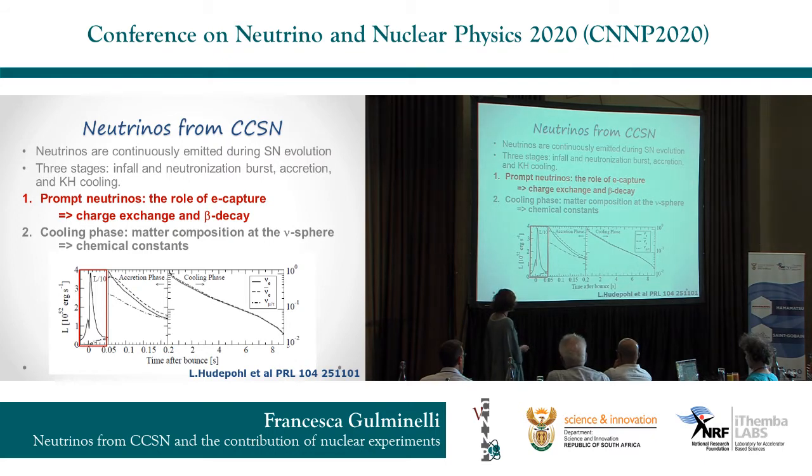And for this phase of the process, the basic microphysics input, the basic ingredient that leads to this emission is given by electron capture. And the associated experimental program, which is nowadays already quite active to try to settle this microphysics inputs, is based on charge exchange experiments and beta decay.